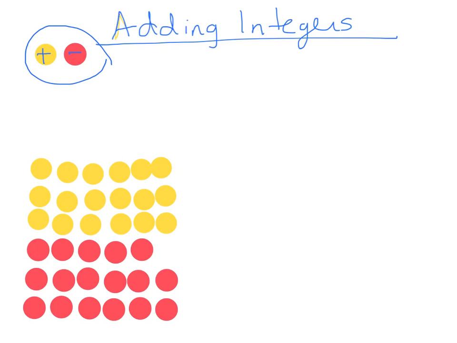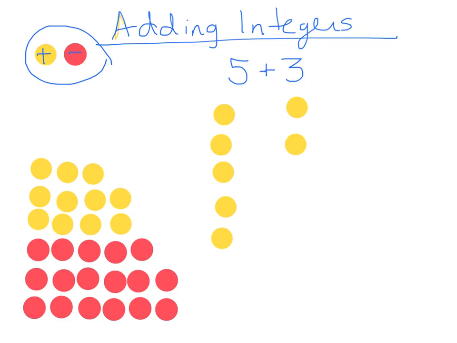Let's say we have a question like 5 plus 3. We're going to do what we've done before, and represent our positive 5, and represent our positive 3. We can see that there's no zero pairs, so nothing cancels out.